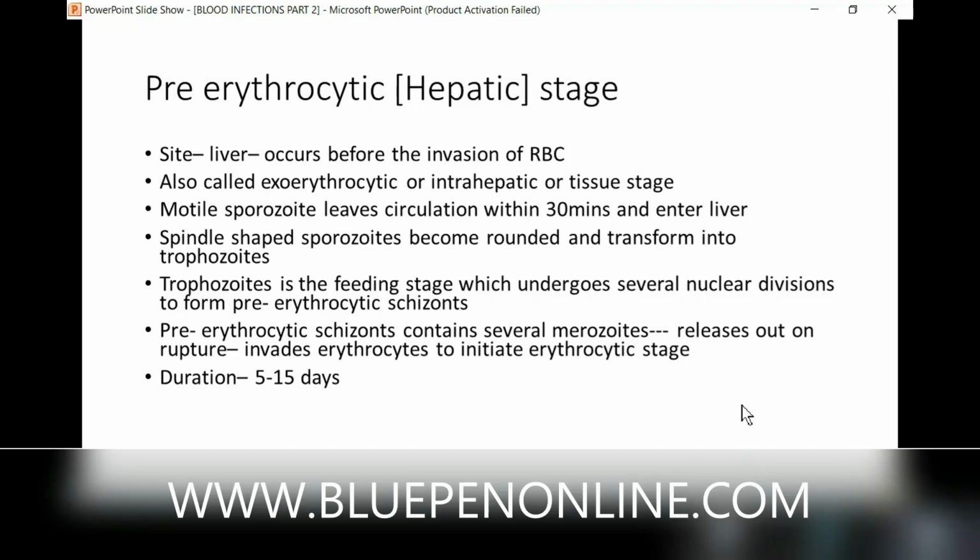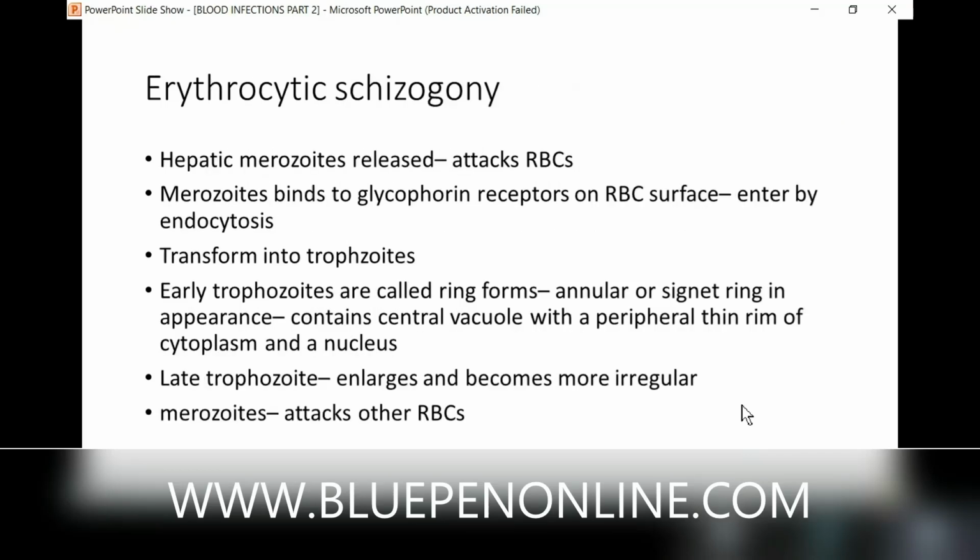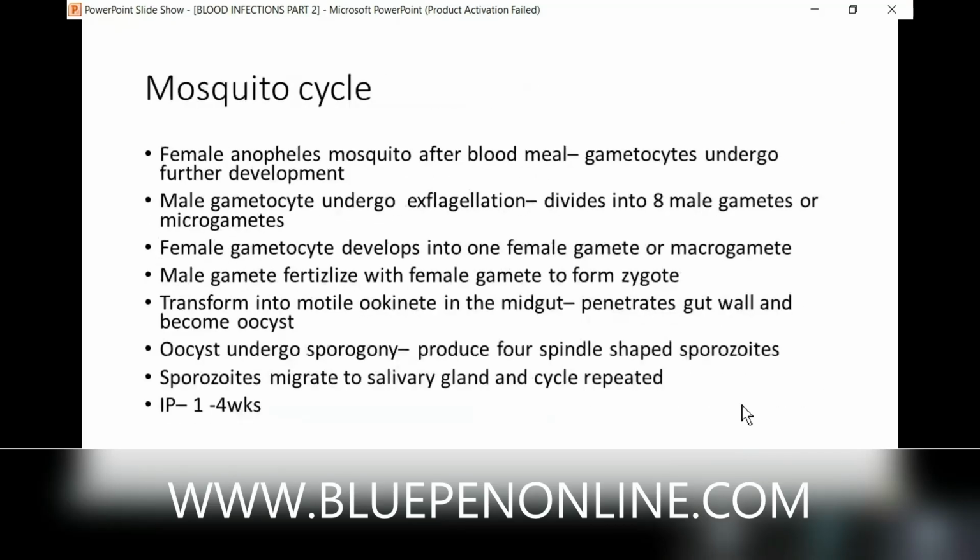The trophozoite is the feeding stage, which undergoes several nuclear divisions to form the pre-erythrocytic schizonts. The pre-erythrocytic schizonts contain several merozoites. I'll just show you the photo right now.